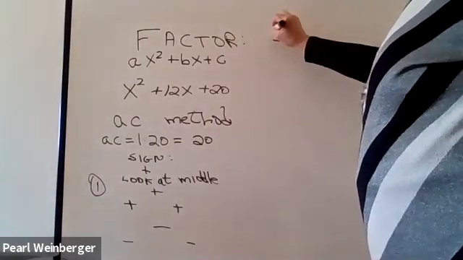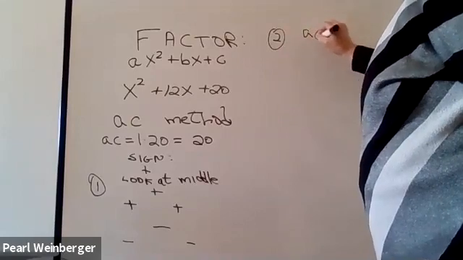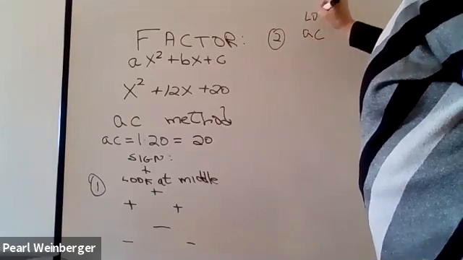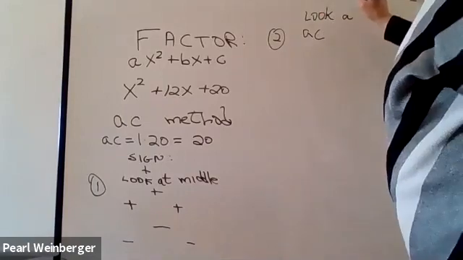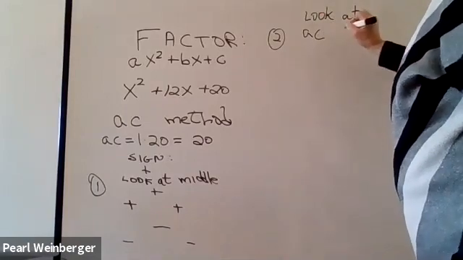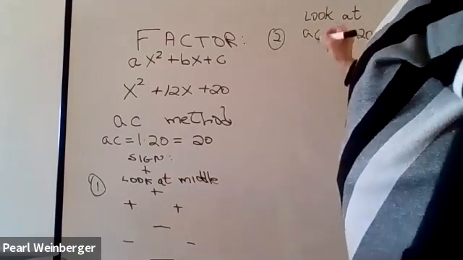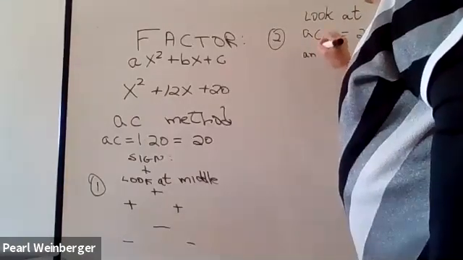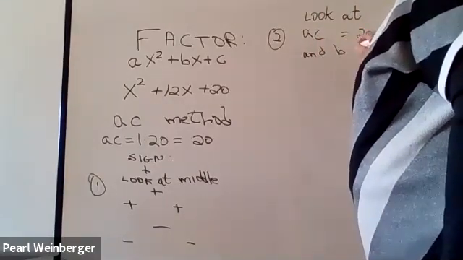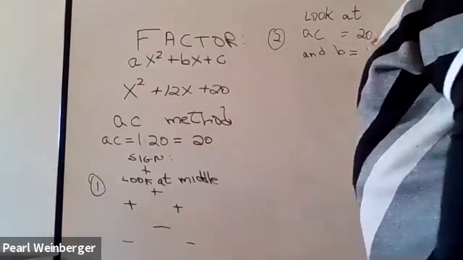Step two, look at the AC, the number, which in this case happens to be 20, and also the B, which in this case happens to be 12.